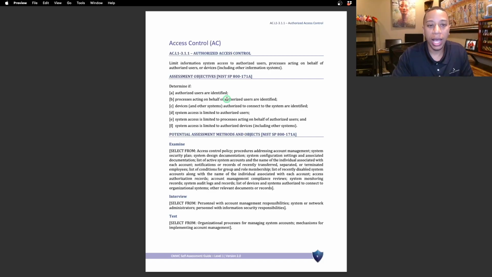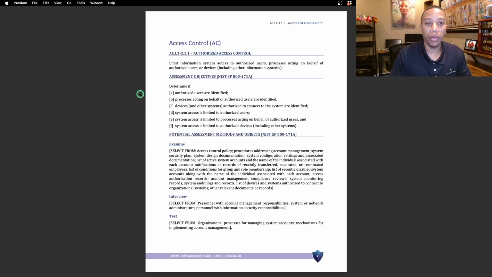So are you identifying your authorized users? Anyone who has access to your systems. And the scope for this CMMC level 1 self-assessment is systems that process, store, or transmit FCI, that federal contract information. The definition for FCI is fairly broad. It's any federal contract information that is not public.